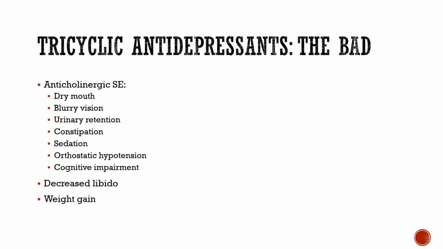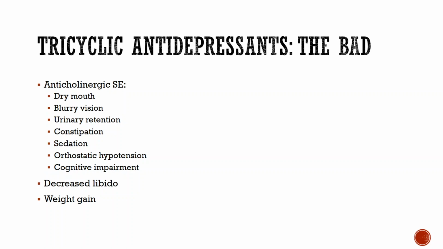Lots of anticholinergic side effects with our tricyclic antidepressants, such as dry mouth, blurry vision, urinary retention. So think about fluid shift and loss of fluid there. So dry mouth, urinary retention, constipation would be part of that, right? Also sedation, orthostatic hypotension, and cognitive impairment.